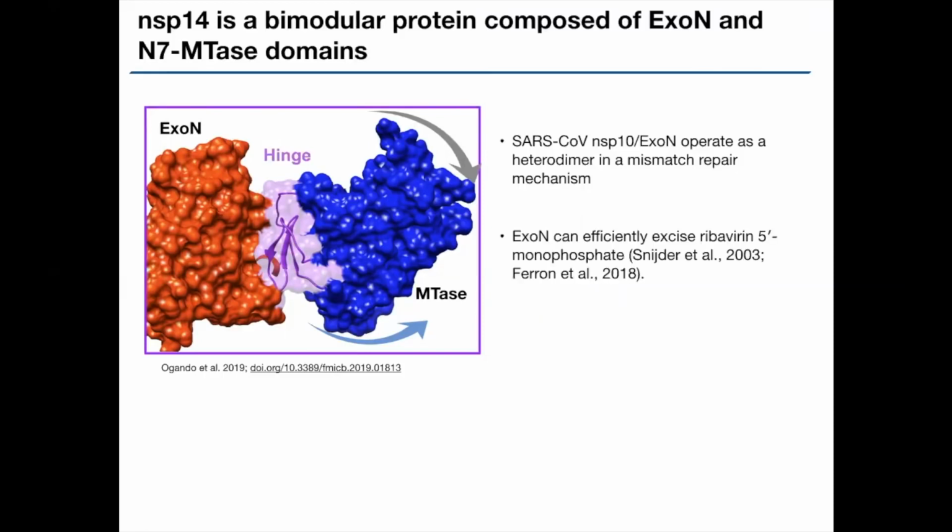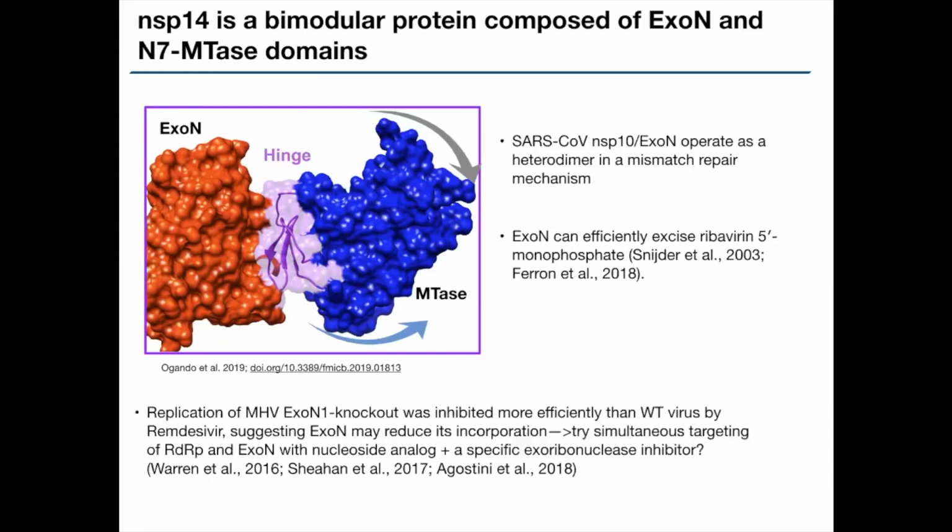So actually, exo-N, this proofreading activity, can efficiently excise ribavirin, which is a chain terminator that is commonly used as an antiviral against many different RNA viruses, but is known not to work against coronaviruses. And that's because this proofreading activity can basically remove that nucleoside analog and allow the virus to continue to replicate.